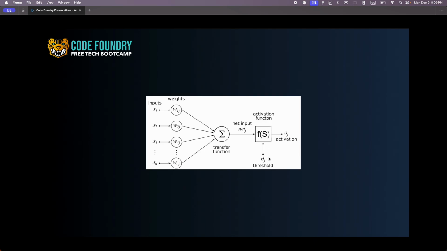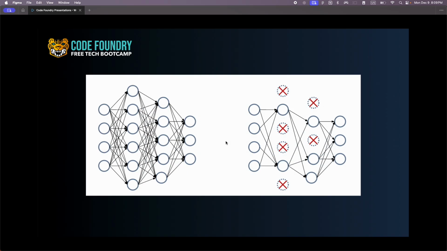These activation functions are tuned with a threshold value. This is just the process for one neuron, essentially. Here's an example where we have a neural network, and as you can see, some of these neurons get skipped because the activation function doesn't deem them worthy of being included.